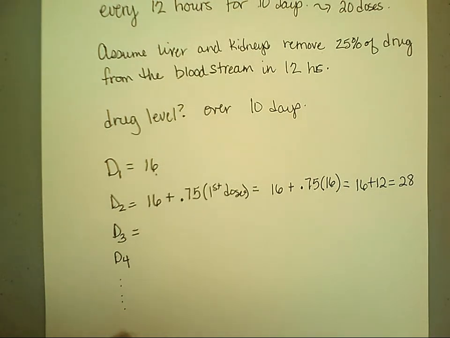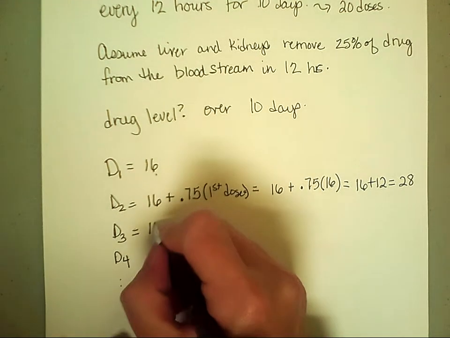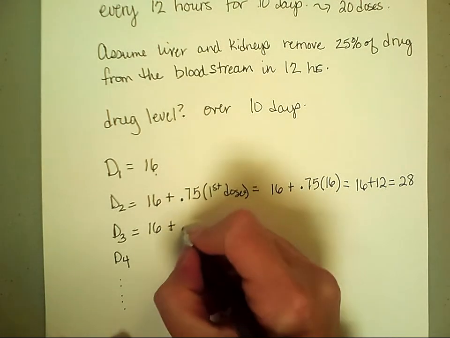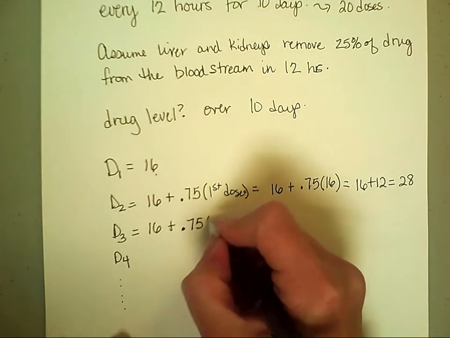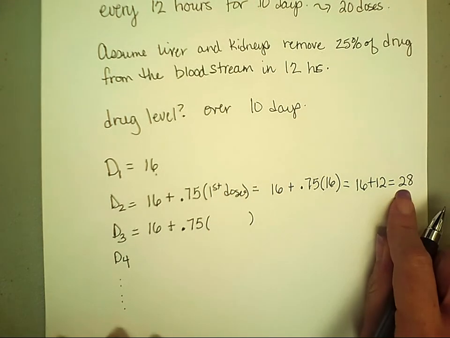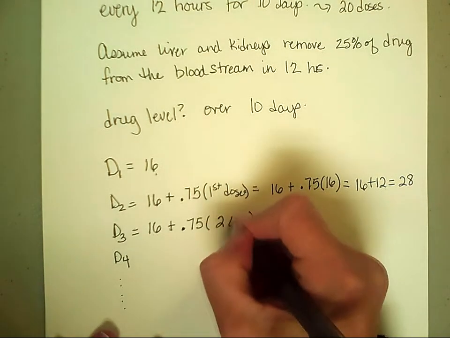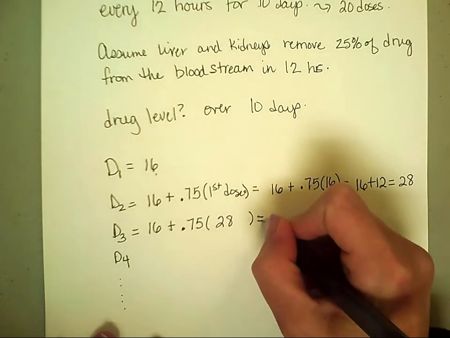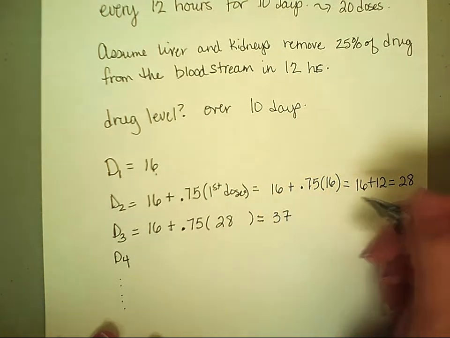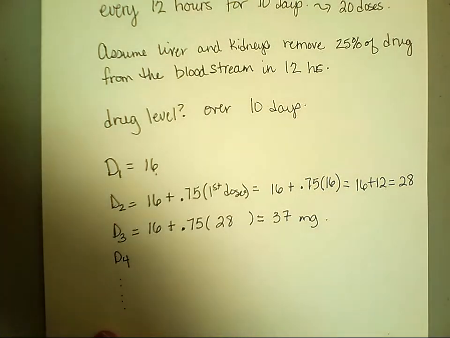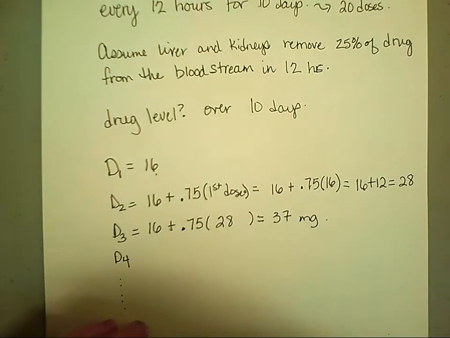Now it's the second day, so I'll take another 16 milligrams from the pill, but we still have some remaining. That is, 75% remains of what there was before. And when you crunch these numbers, we find that at the third dose, I have 37 milligrams in my body. And this is going to continue.